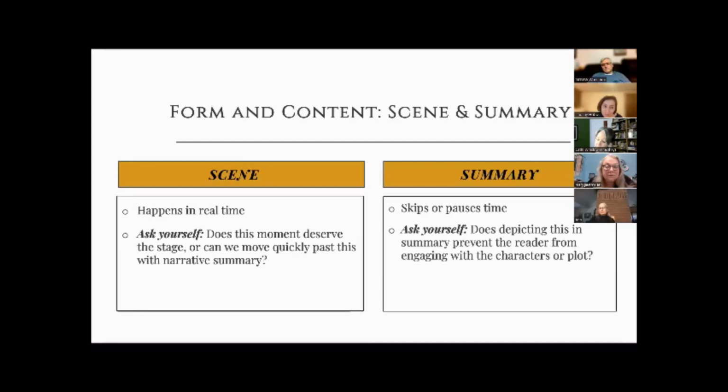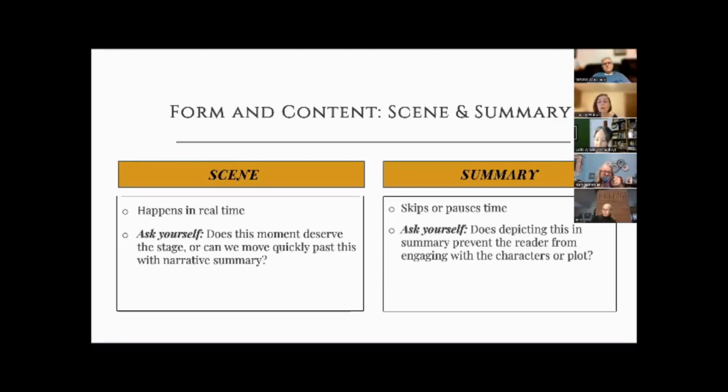But one of the ways that we can look at form and content is in terms of scene and summary. So this is basically, in a nutshell, deciding which things are important enough to draw the reader's attention to, and deciding which things need to happen in order to move things along, but aren't necessarily crucial for the reader to see and experience with the characters.